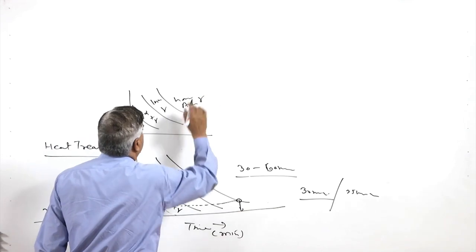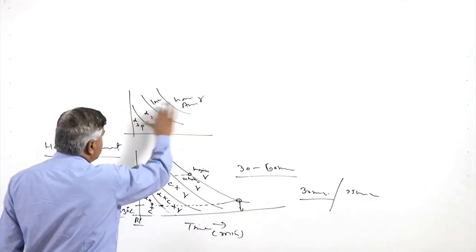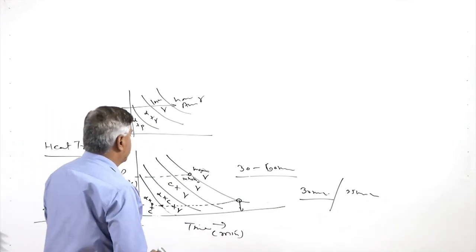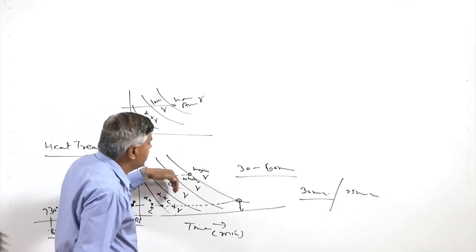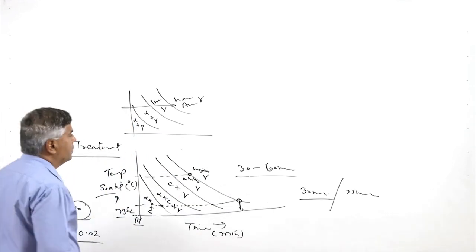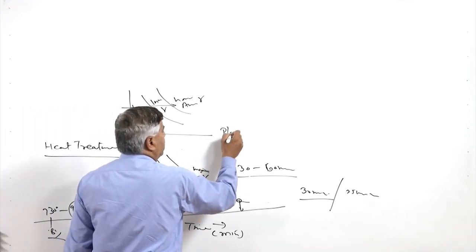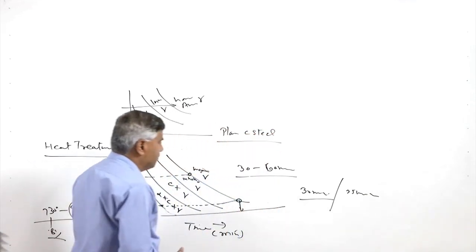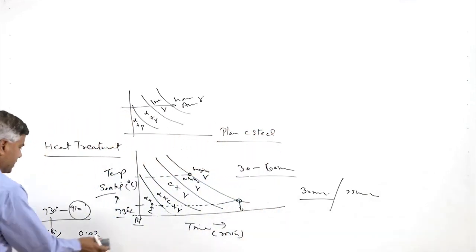What we can see here is that in this case it will achieve the homogeneous austenitic state much earlier, because it does not have the carbides to decompose and then produce the homogeneous austenite. And therefore, the plain carbon steels need lesser soaking time as compared to the alloy steels.